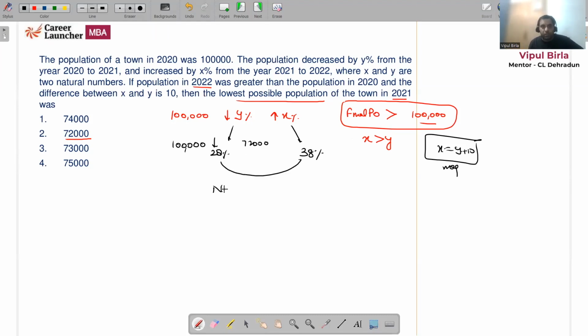So net change will be equal to minus 28 plus 38 minus 28 into 38 by 100.